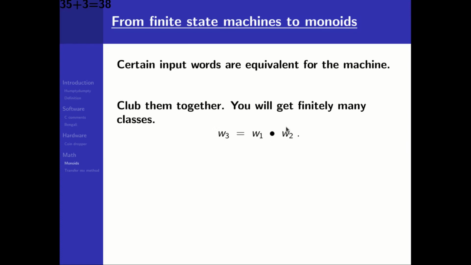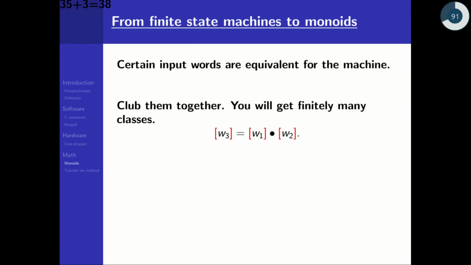Similarly, when you replace W2 by something equivalent, the machine still does not notice. So the entire process will be transparent to the machine, and whatever new thing you get will be indistinguishable from W3 from the perspective of the machine.